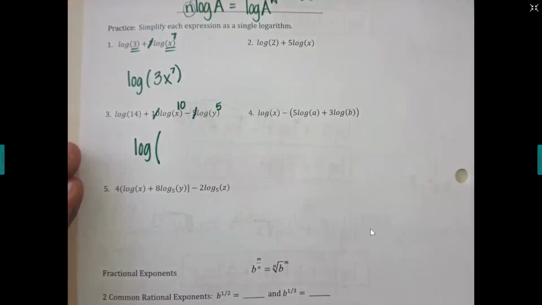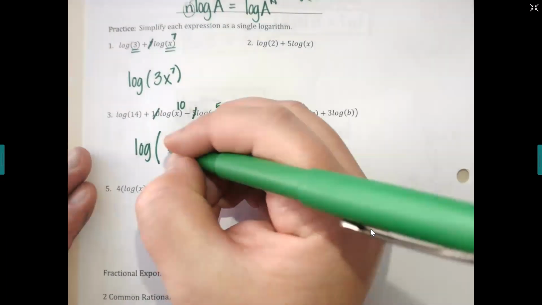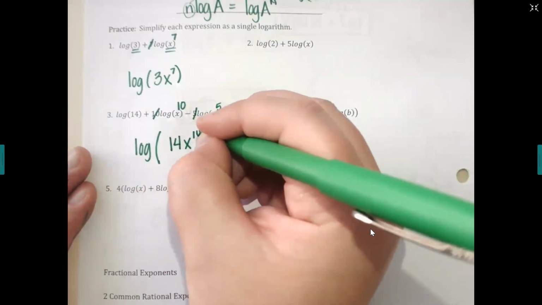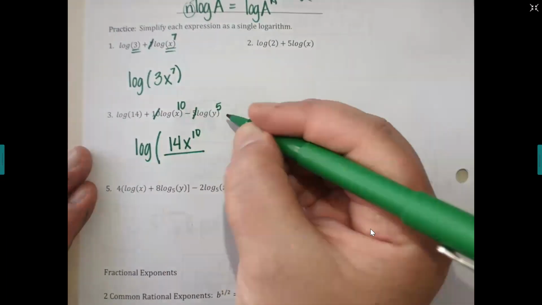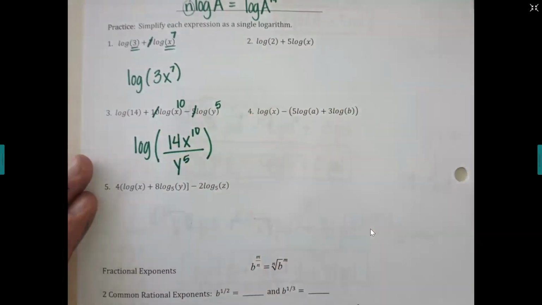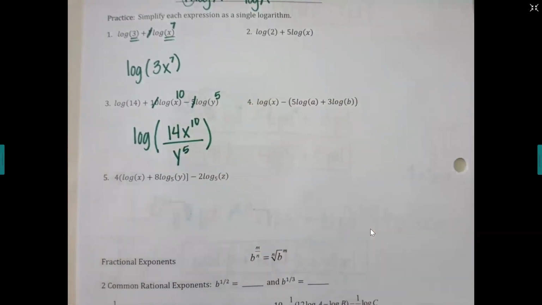The 14 is added with the x log. How will I put those together? 14x to the 10 over y to the 5, yes, that's right. But just think about term by term. If it had a plus, it stays on the top. Anything that was minus would need to go to the bottom.